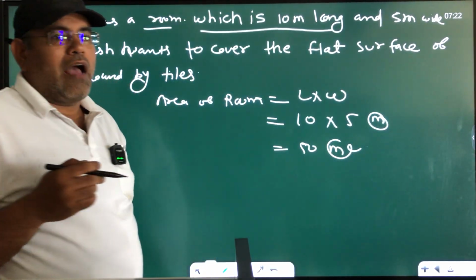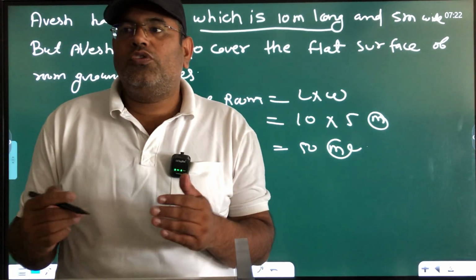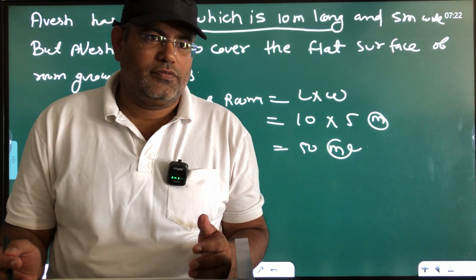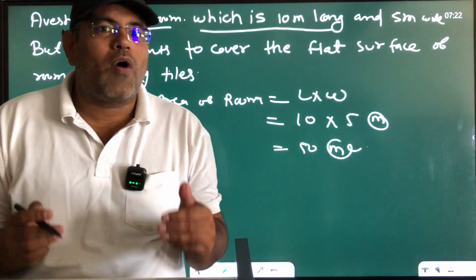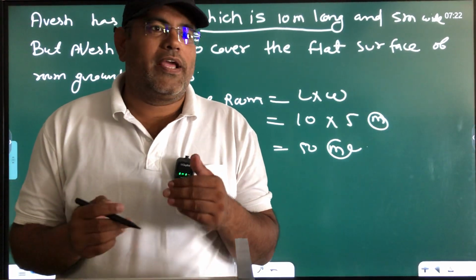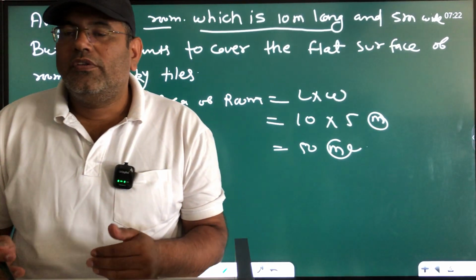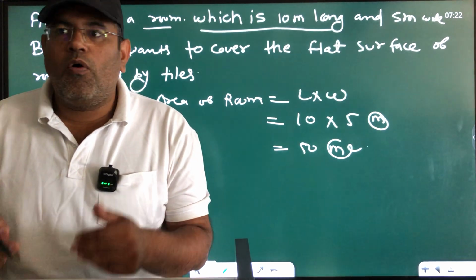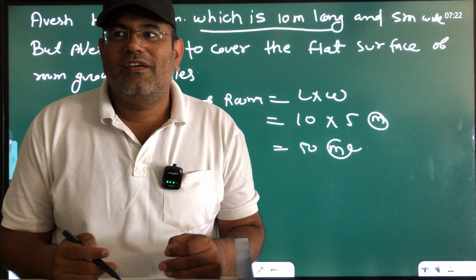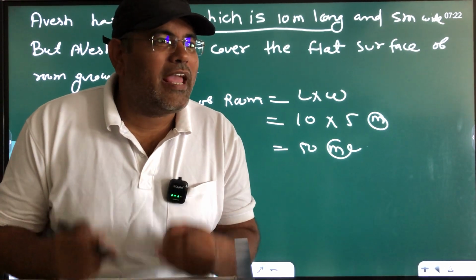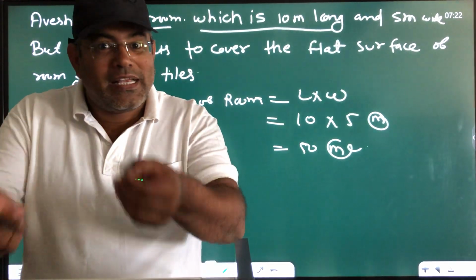And now Aves goes to the godown of ceramic tiles and he says, sir, I require ceramic tiles for my room. Then the shopkeeper, the owner of the godown, will say, hey guys, what is the complete area of your room? Please tell me that.